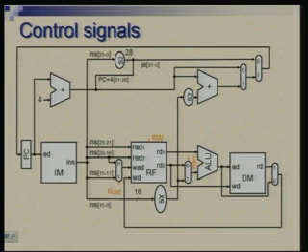ALU source, which I am labeling as A source, is the control signal for this multiplexer, and this will distinguish whether the ALU is being used for address calculation or for normal arithmetic logical operations. The ALU would require 3 bits to control it.